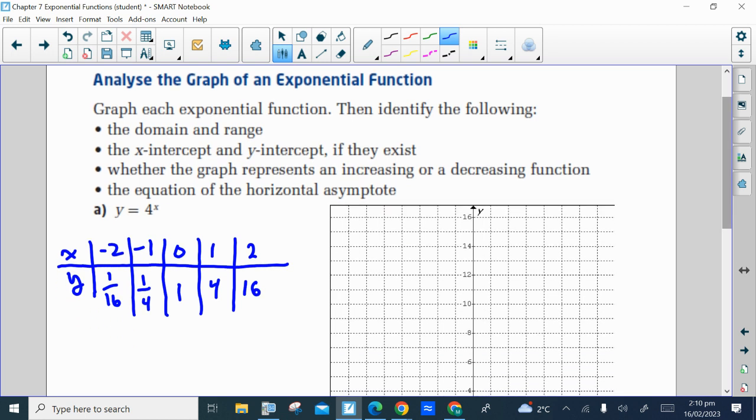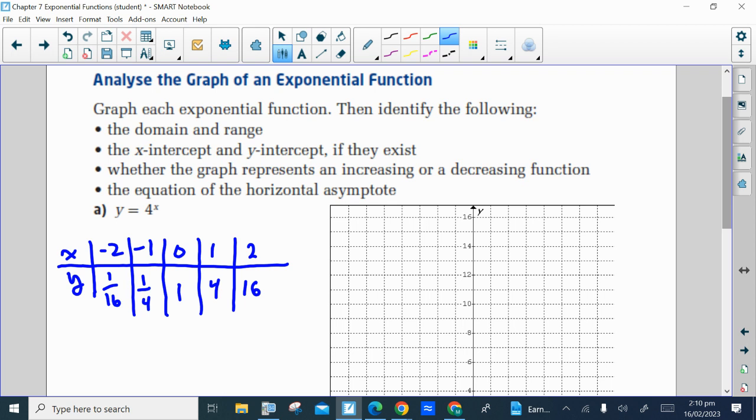You should realize that no matter how small x gets, y will always be positive. When x is negative 3, y would be 4 to the negative 3, or 1 over 4 cubed, 1 over 64. It's a decimal, close to 0, but still positive.